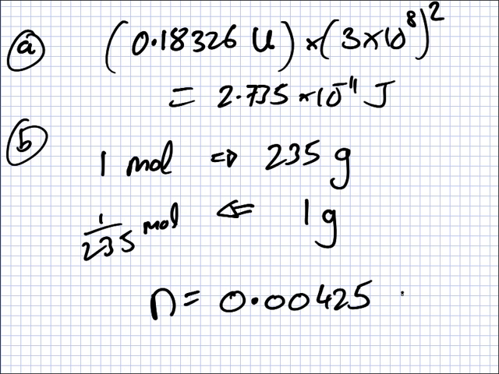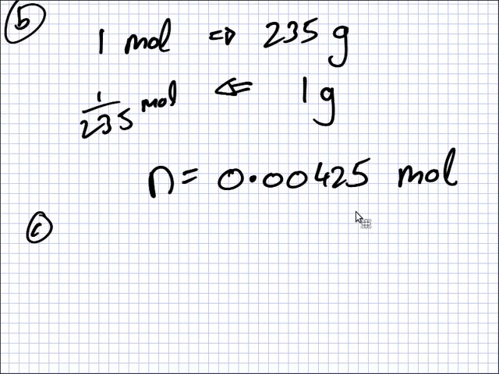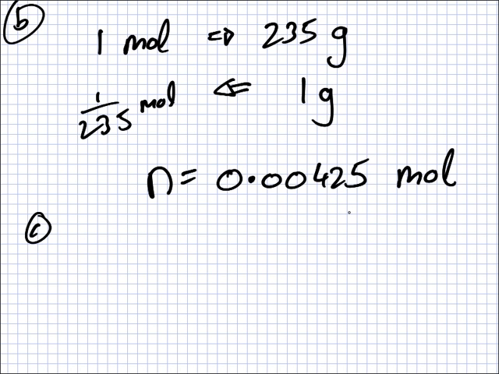425, like this? Yeah, okay. Now, part C. How many nuclei are in a gram of uranium-235? So in other words, how many uranium isotopes is in this many moles? So you just multiply by Avogadro's number here.